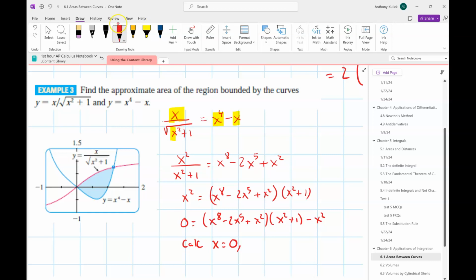That's a solution. And the other one is about 1.18.